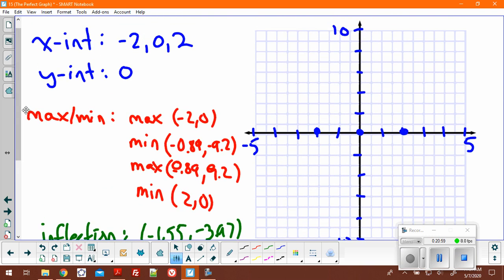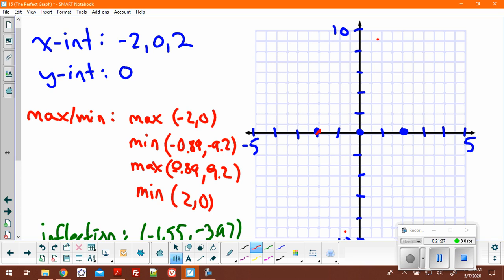So to complete our graph, we'll start adding things on here. I've plotted my roots and my y-intercept. I have a max here, 2. I have a minimum at -0.89 and -9.2, so it'll be somewhere down here. I have a max at 0.89 and positive 9.2, so that would be somewhere up here.